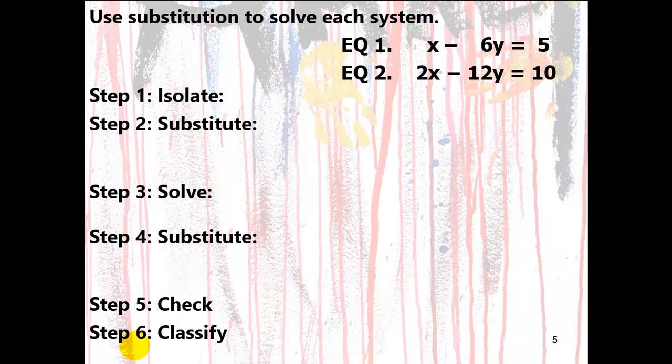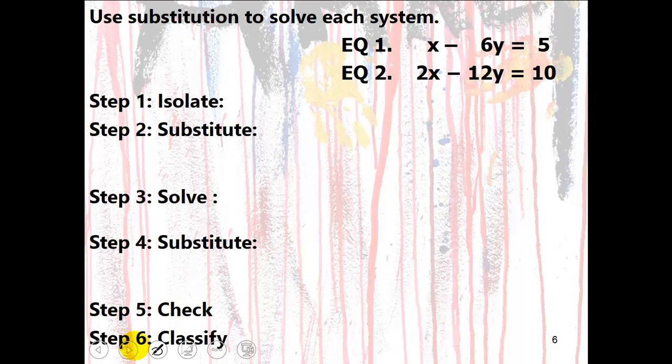Right? Our next one. I'm going to isolate x again in this case. All right. So x equals 6y plus 5. Okay. Now I'm going to substitute 6y plus 5 into equation 2, wherever there's an x.